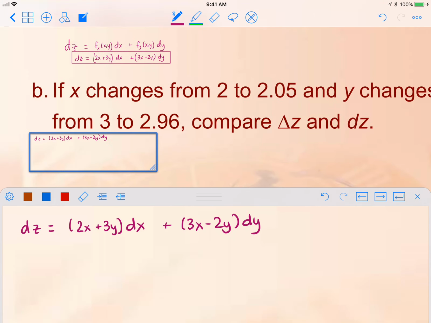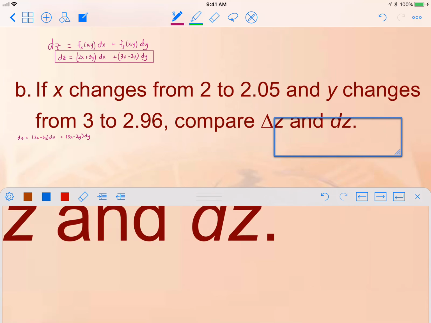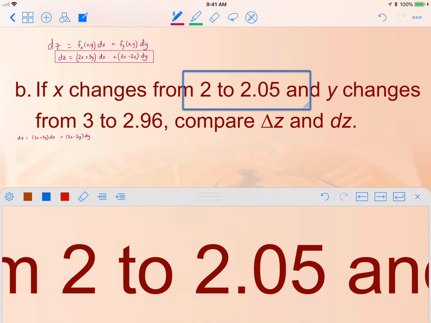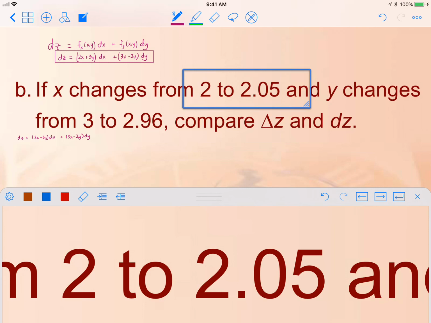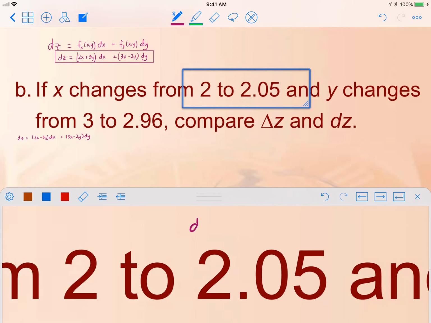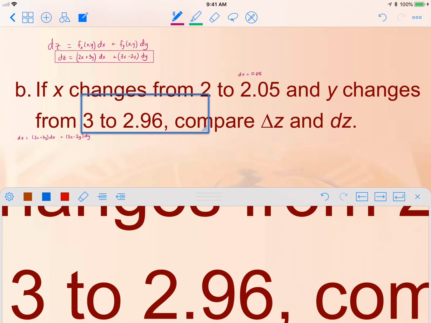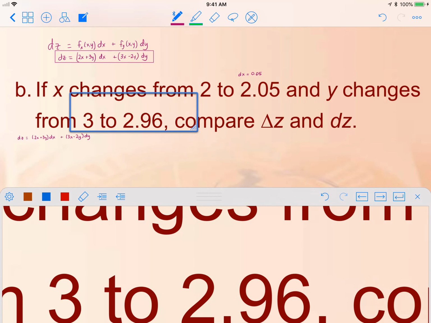Now, in terms of differentials, if you tell me the x changes from 2 to 2.05, that means that dx is equal to 0.05. Okay? And y changes from 3 to 2.96, then that means overall we had a decrease. So dy is going to be negative 0.04, right?